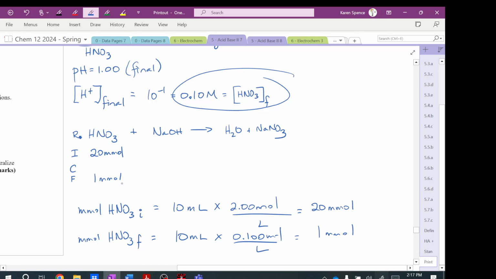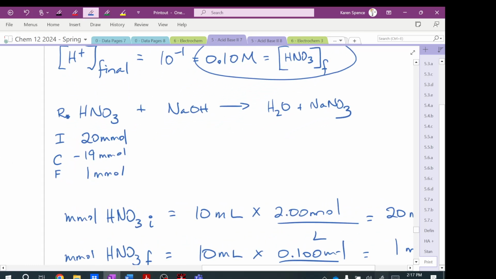So how much do we need to react? We need to react 19 millimoles, which means how much NaOH did we need? 19 millimoles minus 19 millimoles gives us 0 millimoles. So we need to know the mass that contains 19 millimoles.